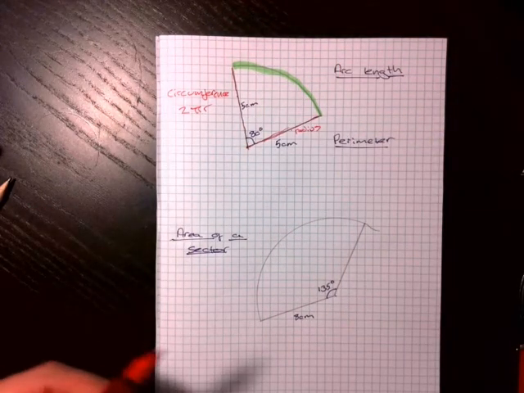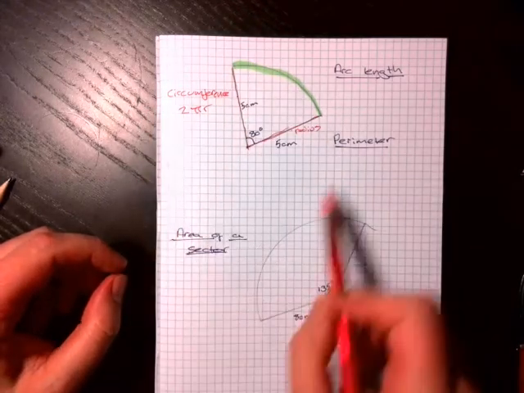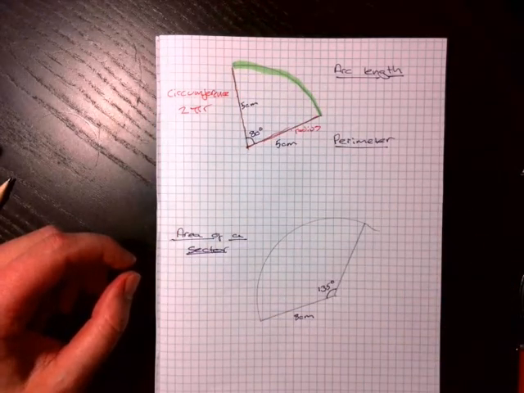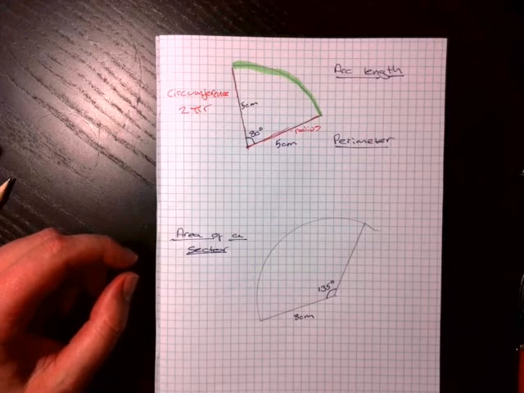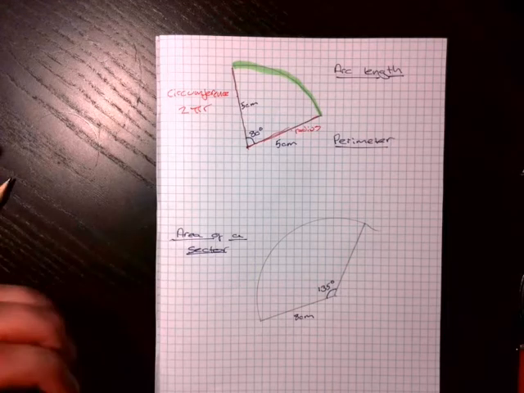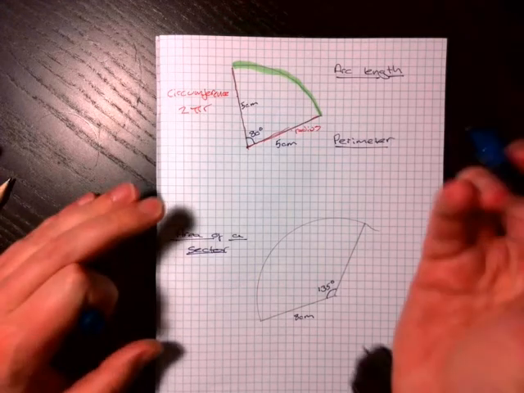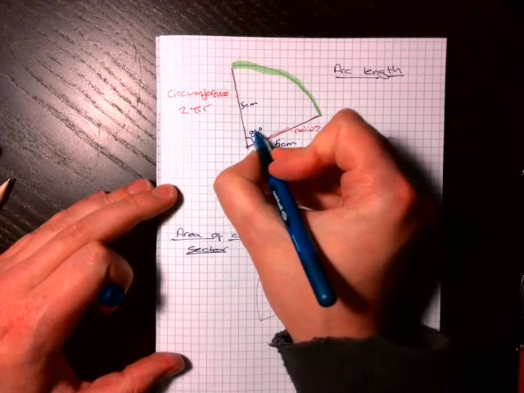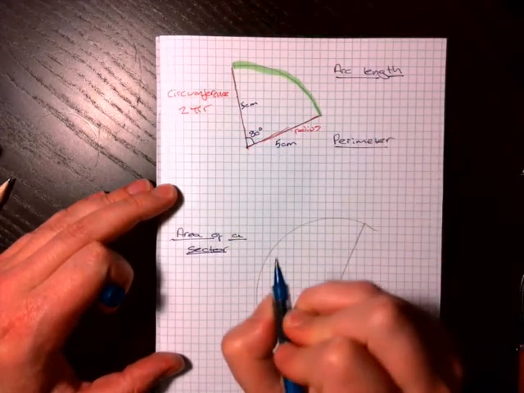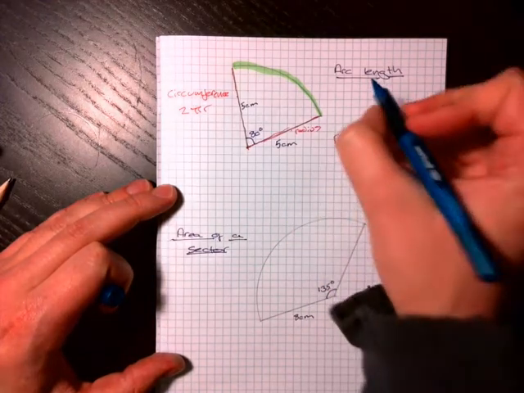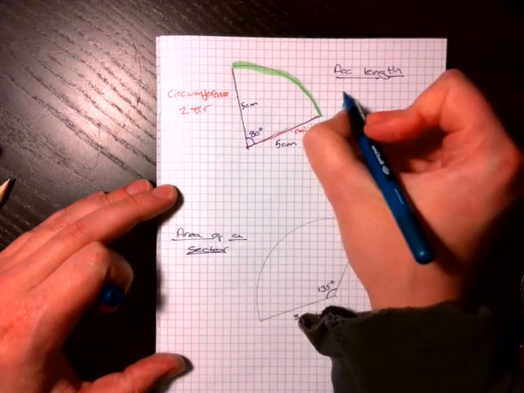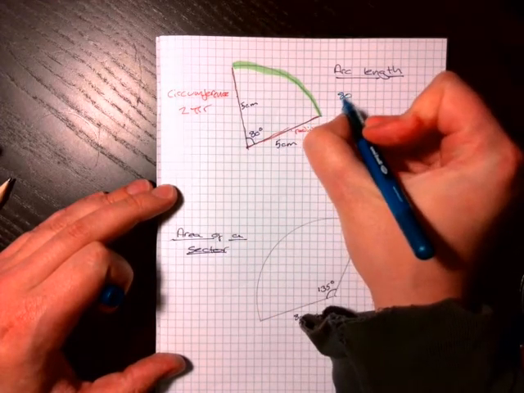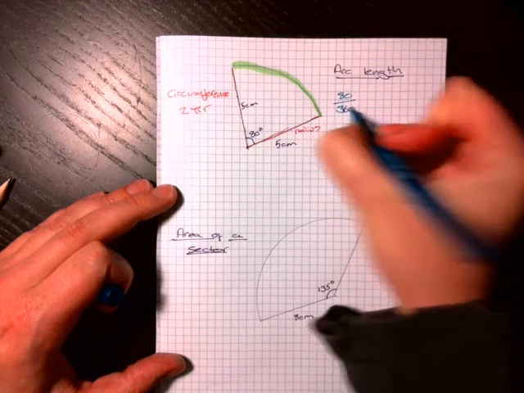Now, because we don't want a full circumference of a full circle, we only want a little bit of it, we want to just find a fraction of our circumference. So we've got 80 degrees that's making up this arc. If our full circle was 360 degrees, we only want 80 out of 360 degrees.